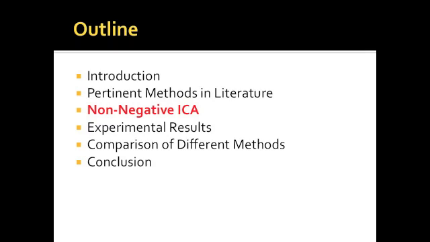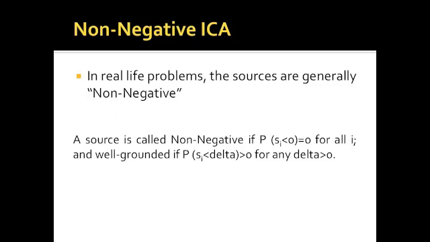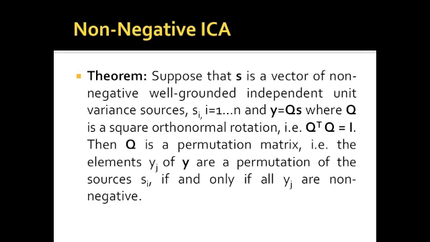And now it's time to introduce the new algorithm, non-negative ICA. In real-life problems, the sources are generally non-negative. What does non-negative mean? The source is called non-negative if the probability of the source being 0 is 0. It's always non-negative. And it's well-grounded if it is bounded to some degree.